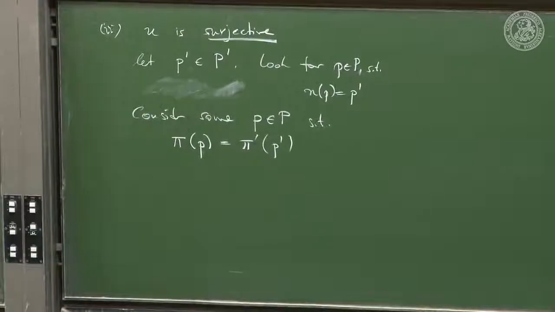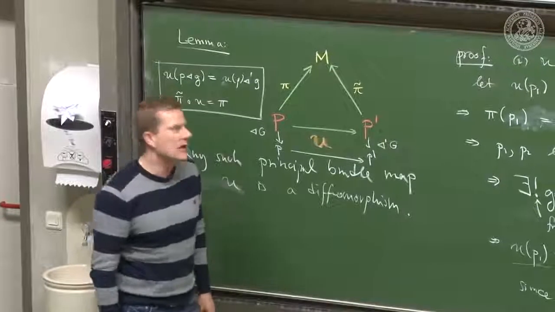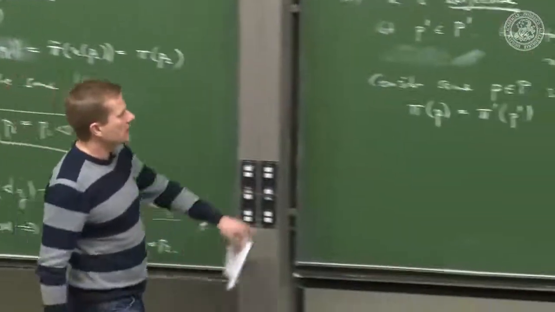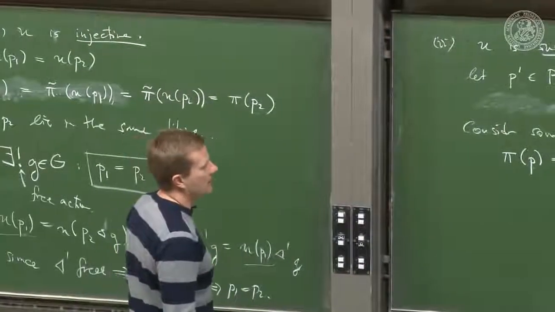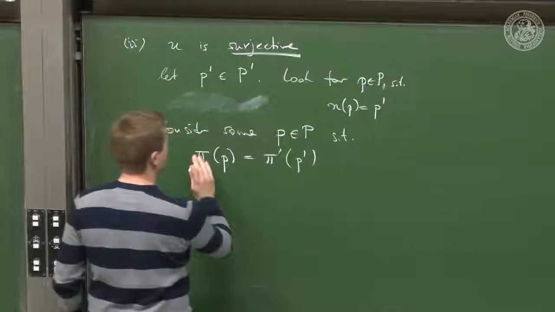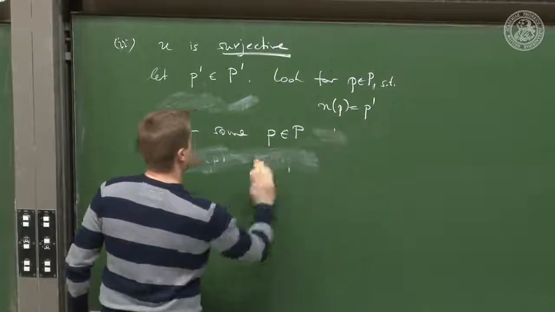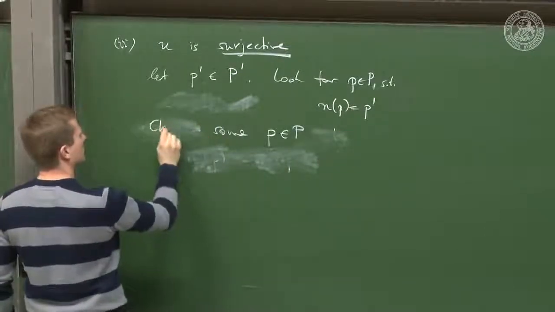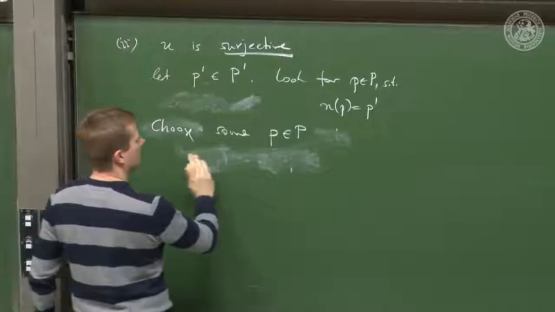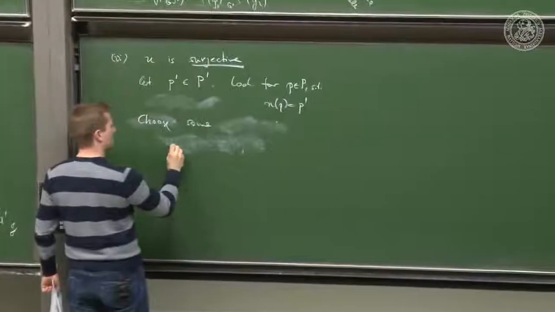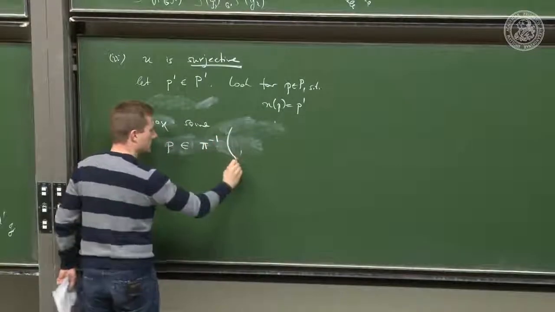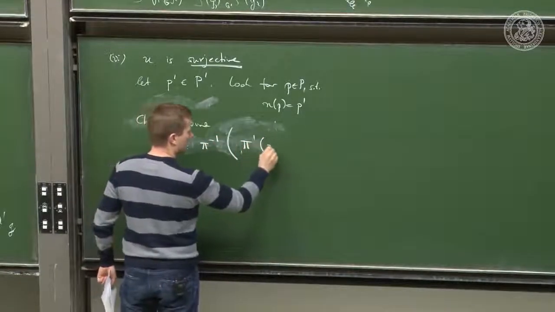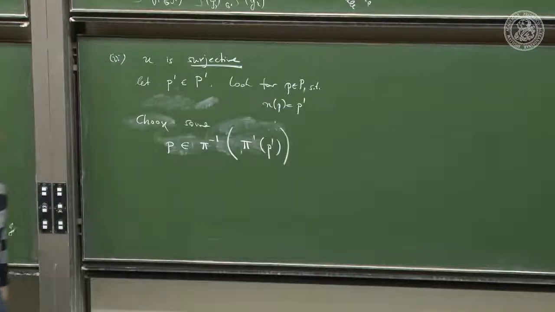Why can I ask about the same base point? Well, because they both map into the same manifold. And I can certainly find a P in the respective fiber. So if you don't like this "such that", where that exists, I could say, better, choose some P in the fiber over that base point.